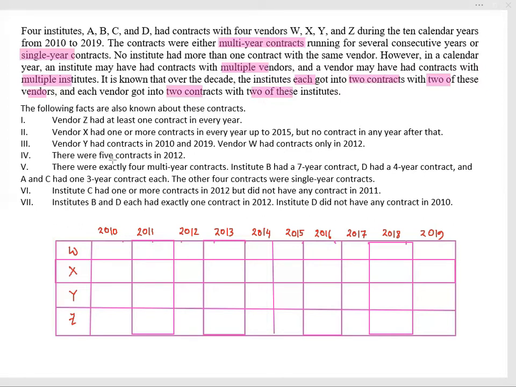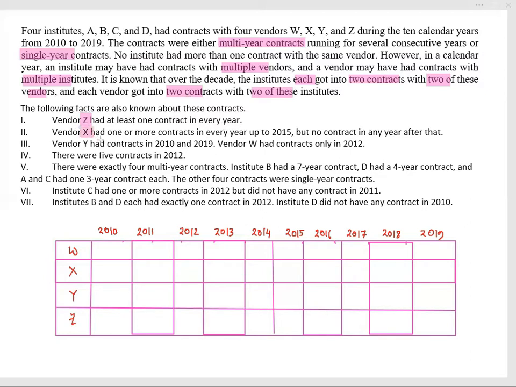Now, some more information. The following facts are also known about these contracts. Vendor Jade had at least 1 contract in every year. That means for the entire part of Jade, some institute's name needs to be there in every year.